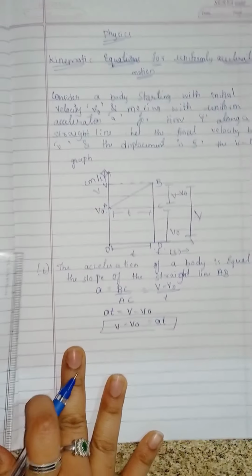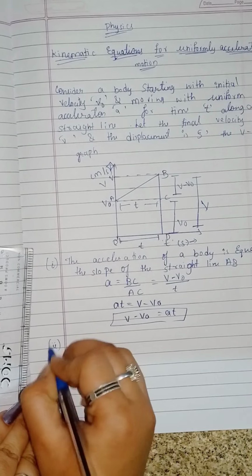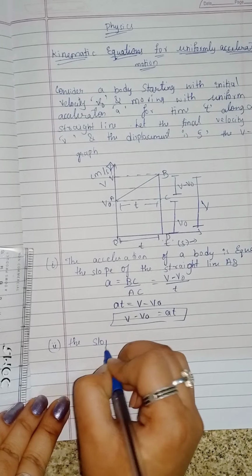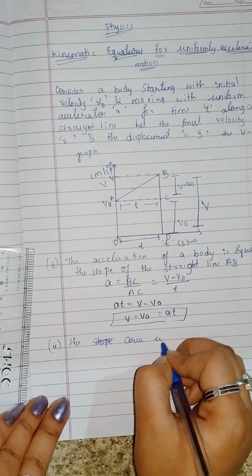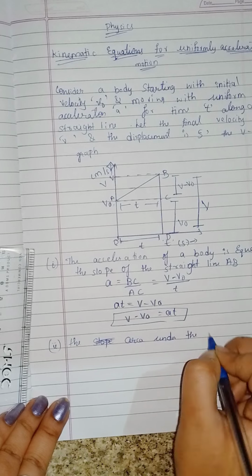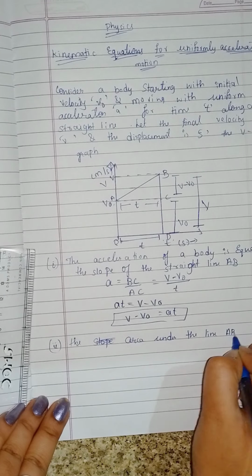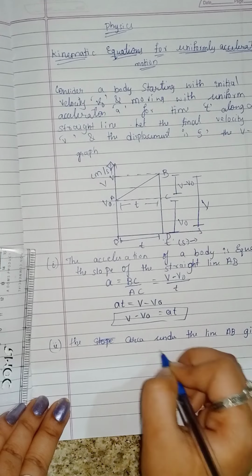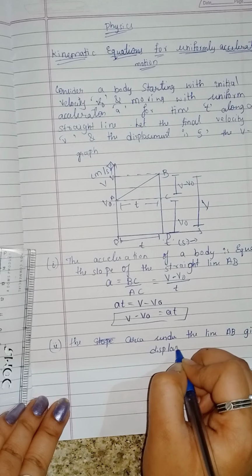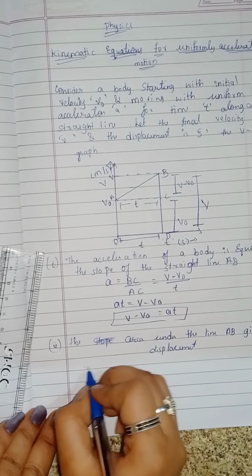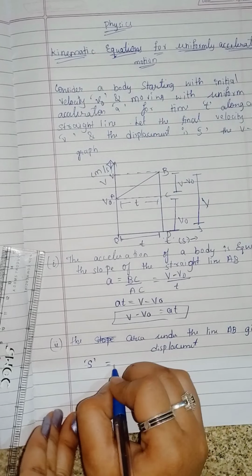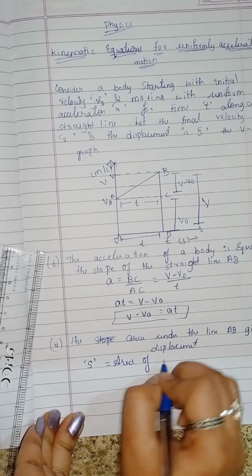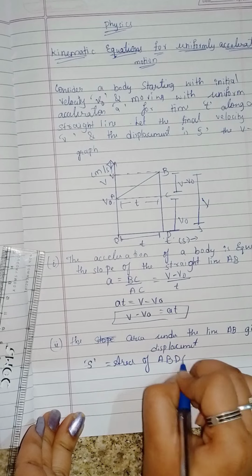And next, the second one: the area under the line AB gives displacement. That is, displacement S is equal to the area of ABDO.